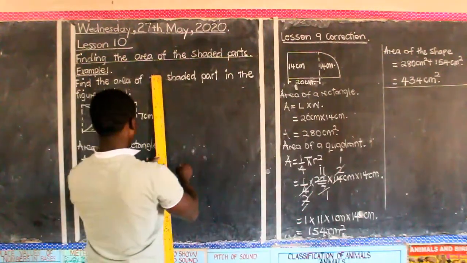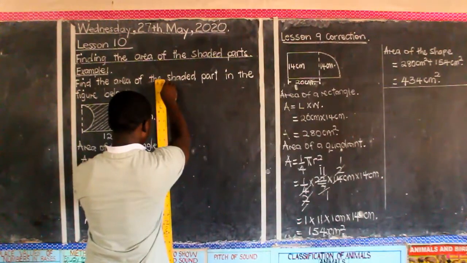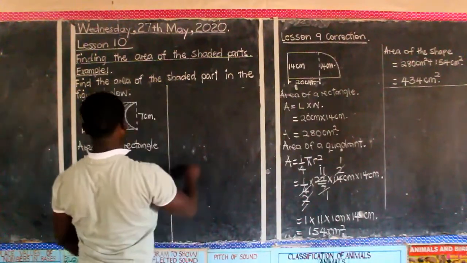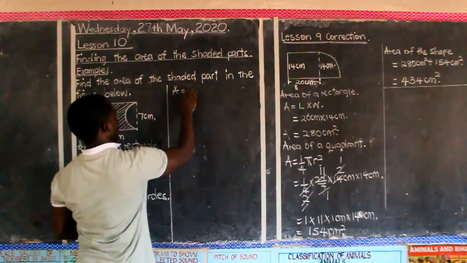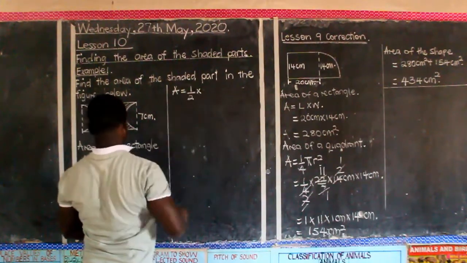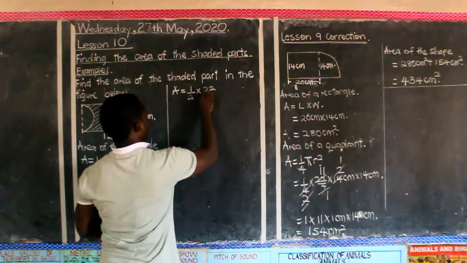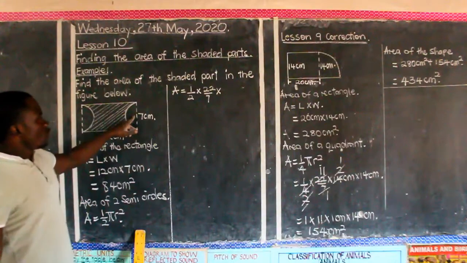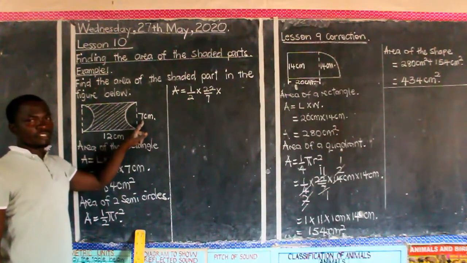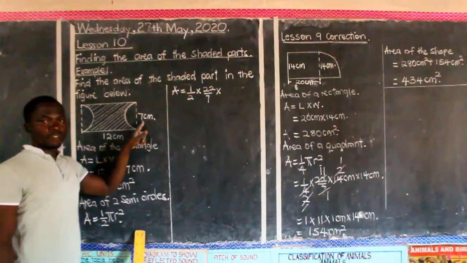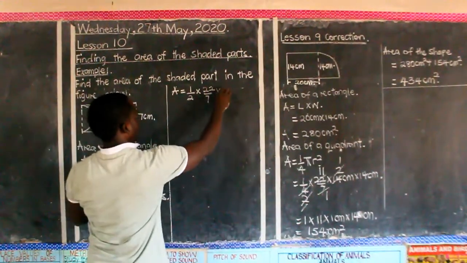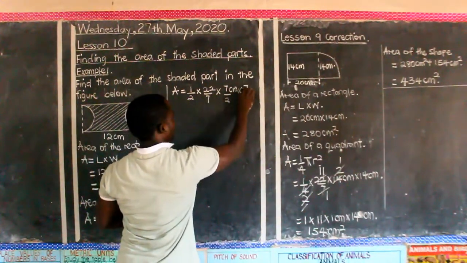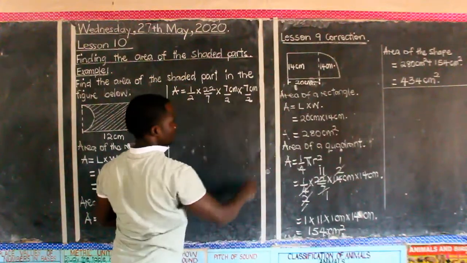We shall move on and say area equals a half times the pi, which is 22 out of 7, times the radius. Look at the semicircle. The 7 is the diameter, so to get the radius, divide 7 by 2. So this will be 7 centimeters out of 2 times 7 centimeters out of 2.